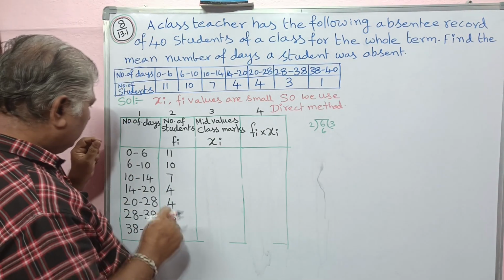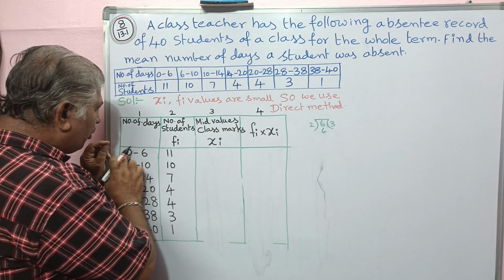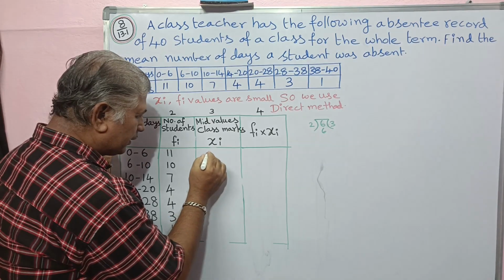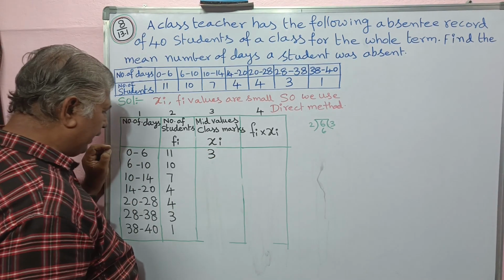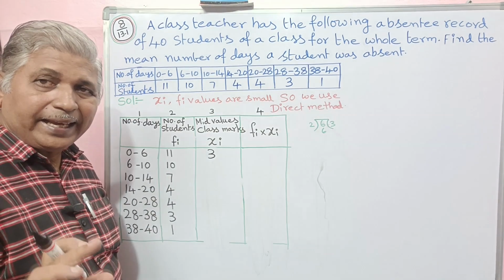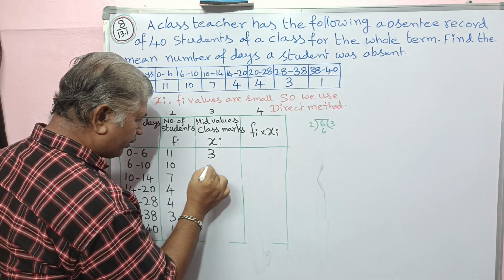See, the class interval 0 to 6: 0 plus 6 is 6, 6 by 2 is 3. So it is 3. Next, 6 plus 10 is 16, 16 by 2 is 8.